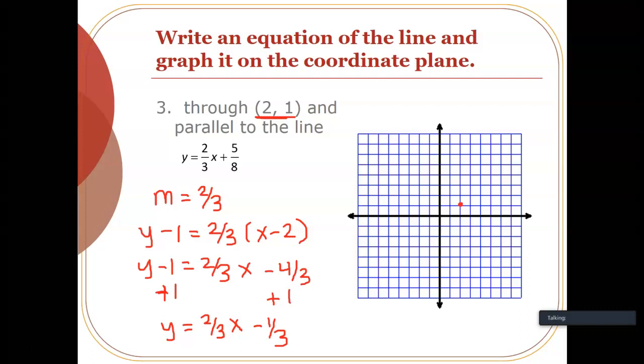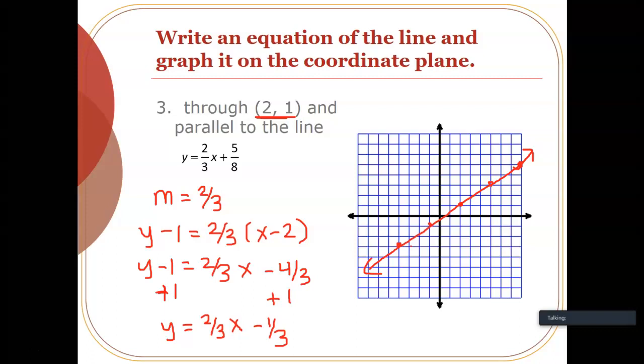So my slope is up 2 and right 3, or down 2 and left 3. Connecting my dots and making sure that my graph goes through the y-intercept that matches my equation.